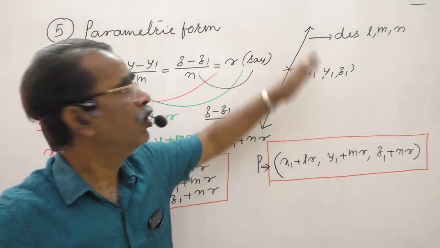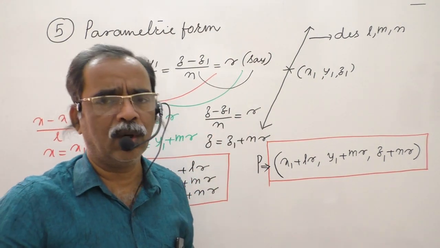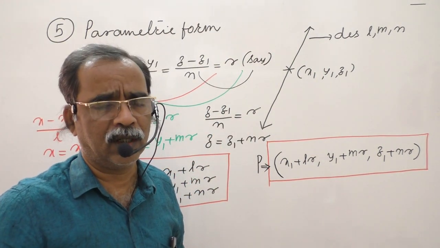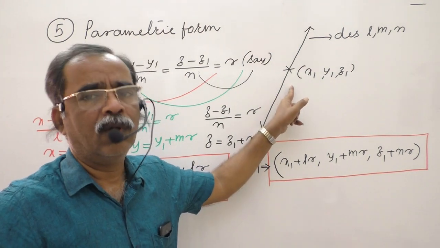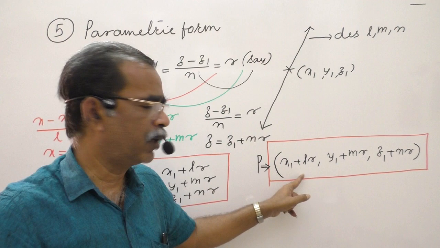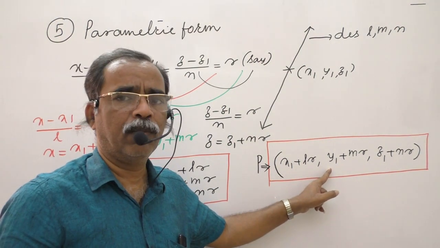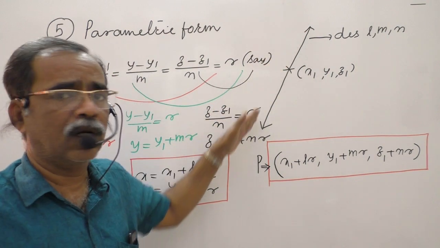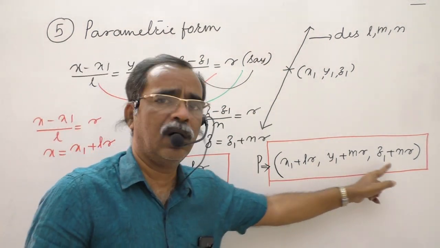What is this? This is a line. Line means it is a locus. There will be many points on this. So this is a general point on this, obtained from the parametric form. Therefore this point will represent all the points on this line for different values of parameter r.